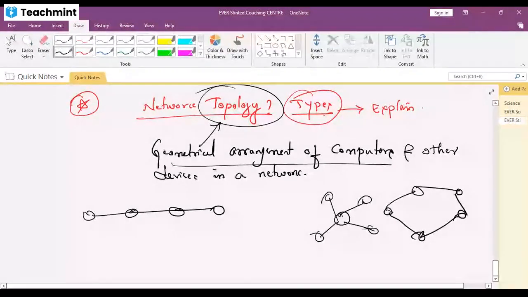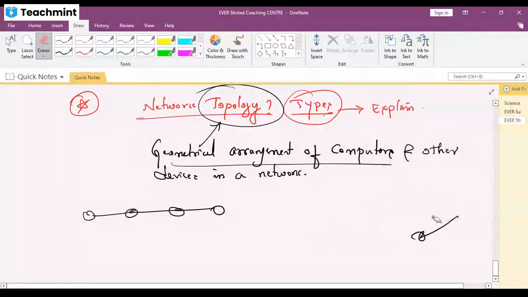Are you getting my point? Is this clear? How you are arranging the computers and other devices in a network, that is called topology. Concept is clear?